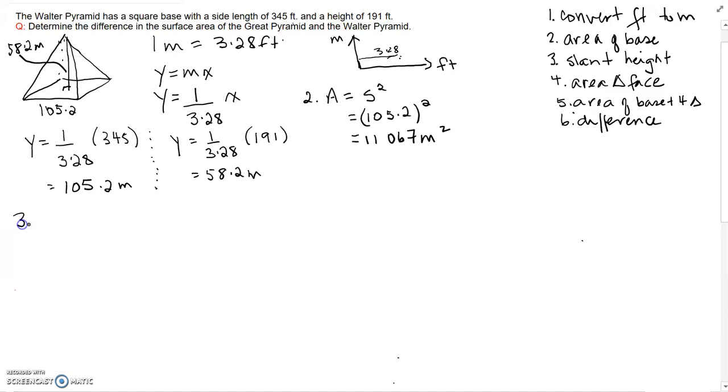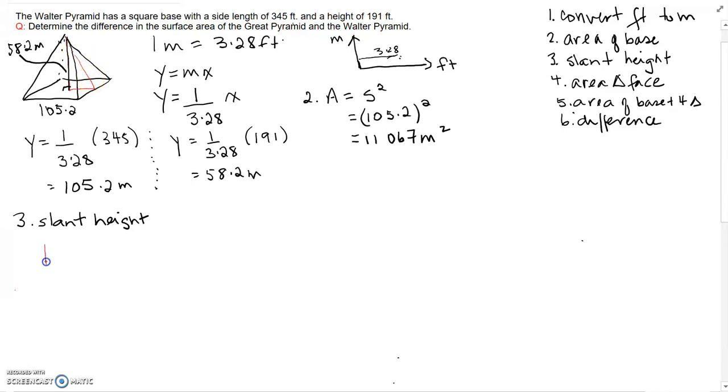To determine the slant height, we have to look at that internal triangle. And I will indicate that in red. So it is that vertical height. We go along the base to the edge, and then we also have our third side is going down that slanted triangle.